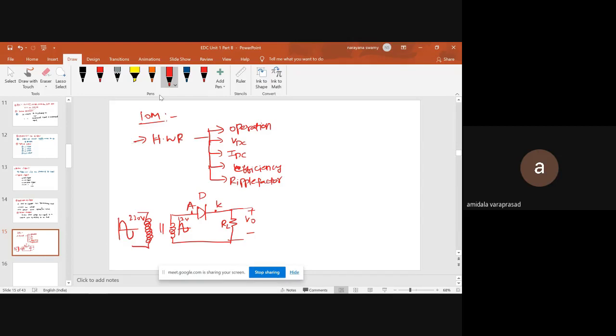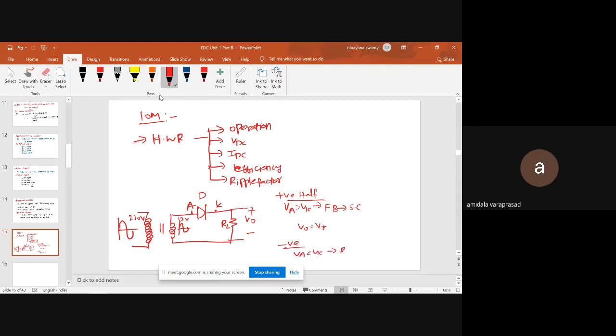Then we can write for a positive half cycle. Diode VA is greater than VK, then forward bias. Replace with short circuit. Then V naught is equal to VI for positive half cycle. This is the way we do the calculations. For negative half cycle, VA is less than VK.